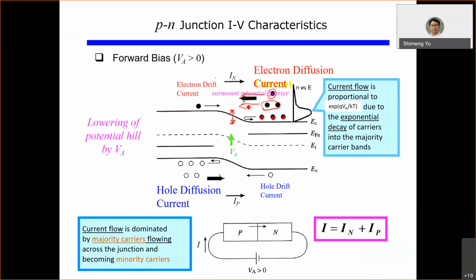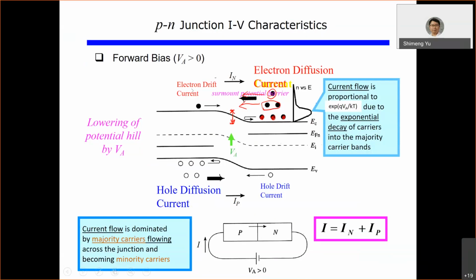This is diffusion. So you have more electrons that can diffuse over the barrier. So you have electron flow to the left. That means the current flows to the right. So this is from the P to the N if you talk about the current. But if you talk about the electron flow, then you have more electrons diffusing from the N to the P.